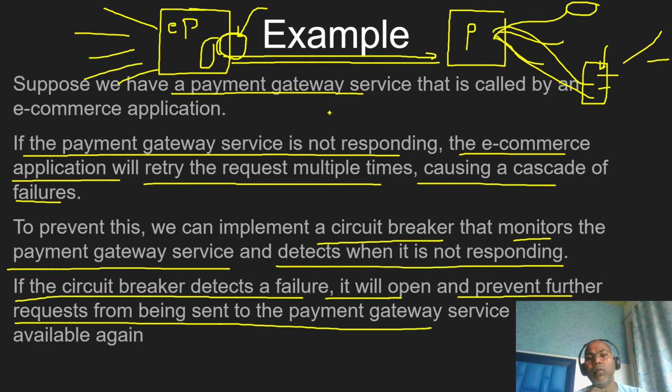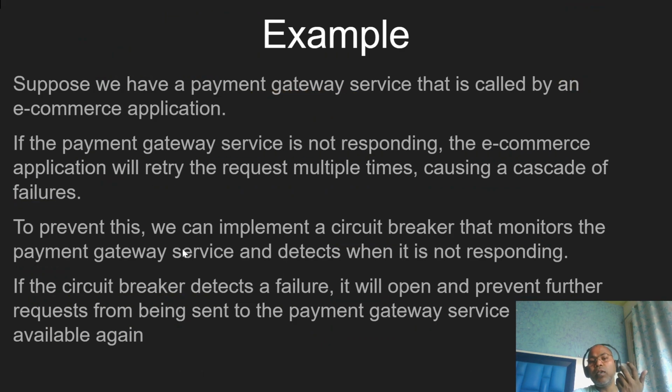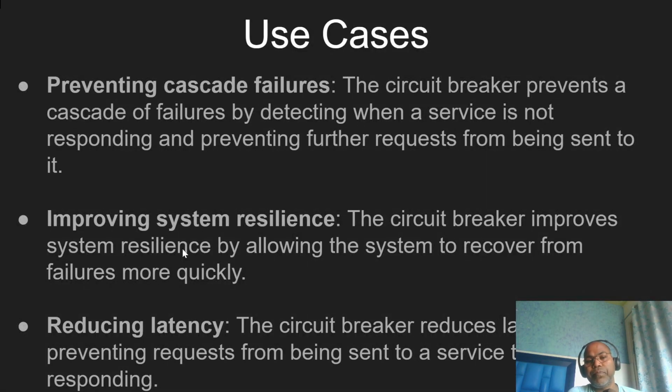That means now all requests from the e-commerce platform go to the payment gateway, and the payment gateway is responding properly. There are many use cases where you have to ensure a circuit breaker is implemented so that services are not further impacted.